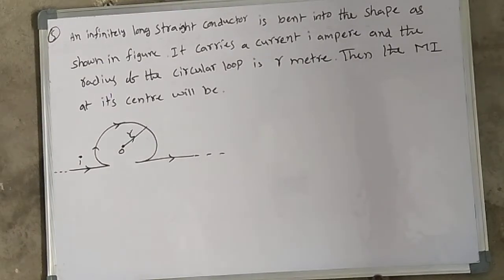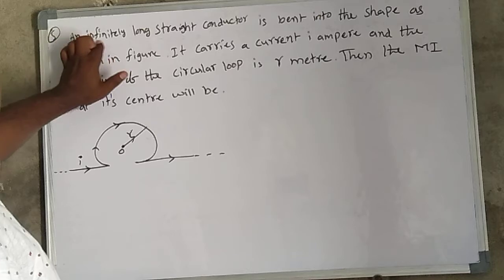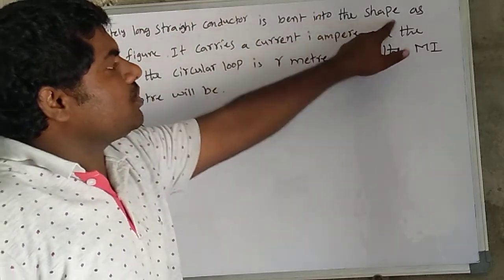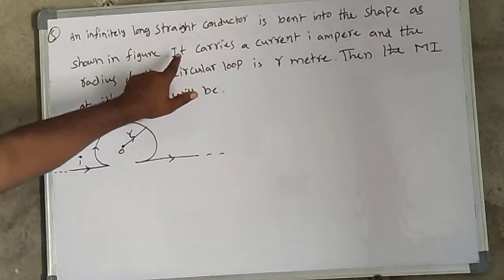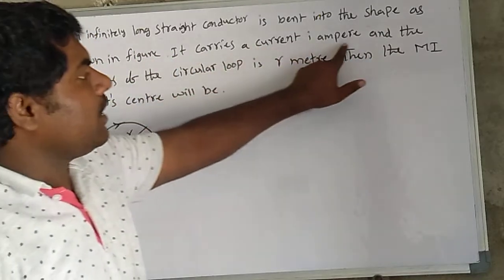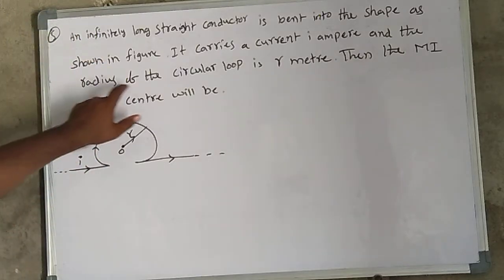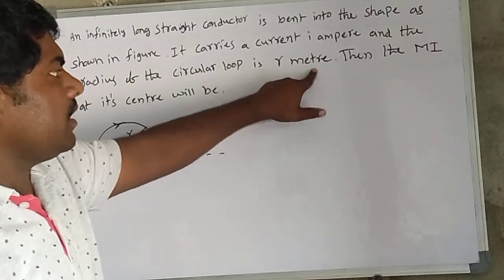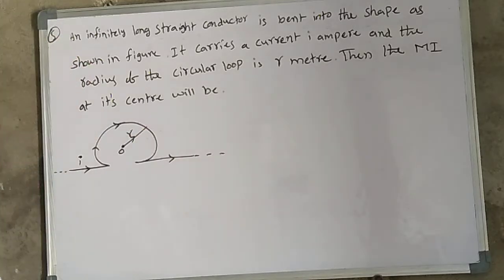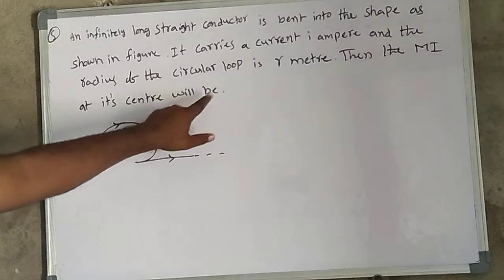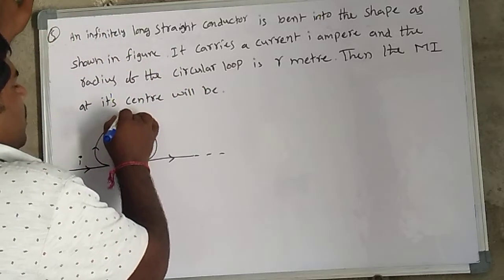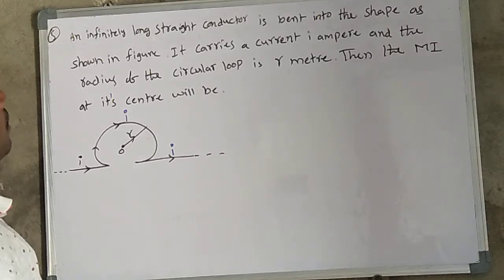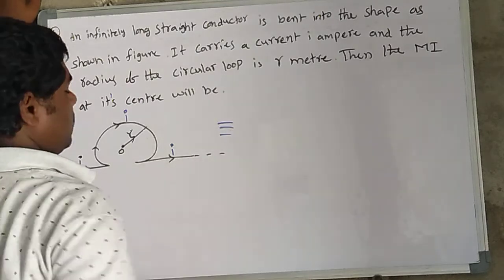Another important model: an infinitely long straight conductor is bent into the shape shown in the figure. It carries a current I amperes and the radius of the circular loop is small r meter. Then the magnetic induction at its center will be what?